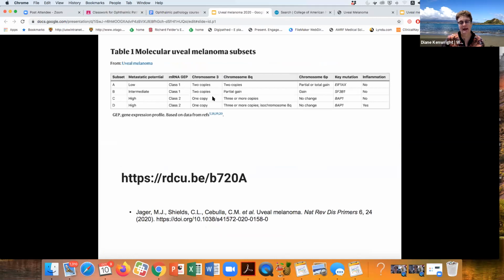And then in the chromosome 6 ones, we can classify those up to intermediate if there's also a gain of 8q. There we go, and there are some key mutations. As I said, BAP1 is associated with a chromosome 3 loss.